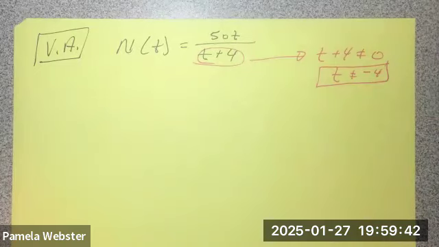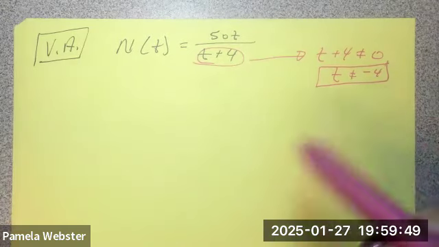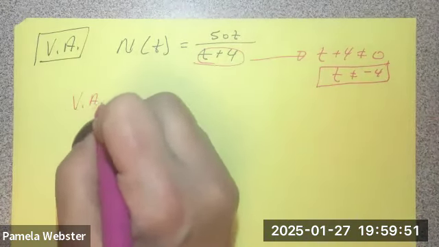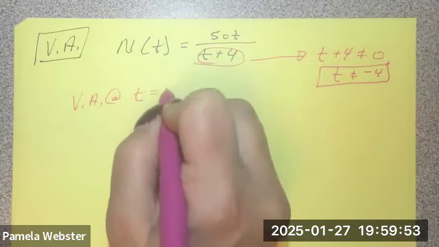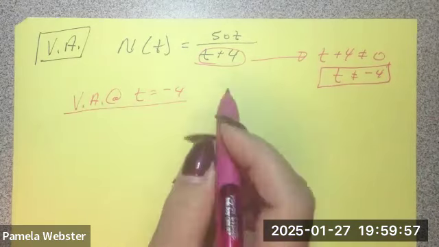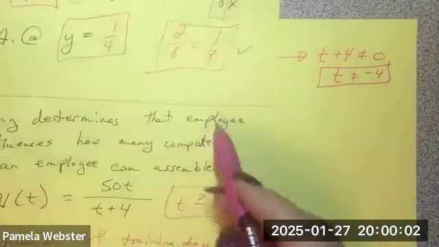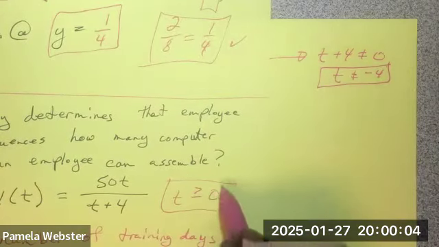So number of days of training can't be -4, right? Well, that's an answer. And I only got one vertical asymptote, right? So there's a vertical asymptote at T equals -4. Okay. But we don't really care about that guy, right? Because what do we know about T? T has to be greater than or equal to 0, right?